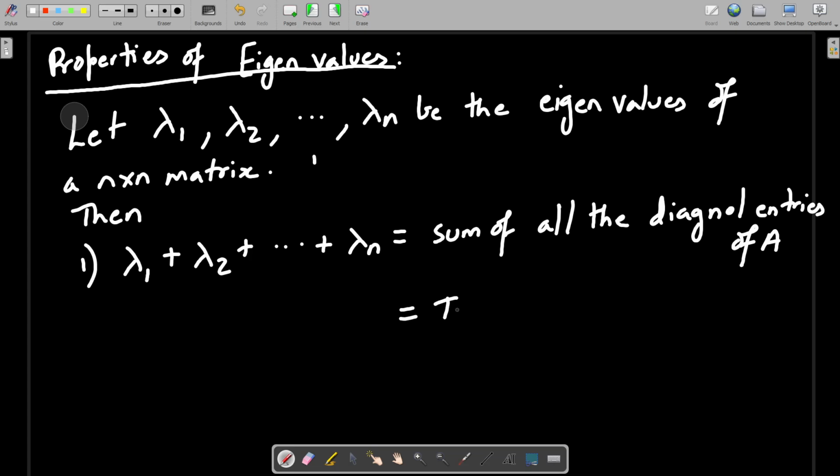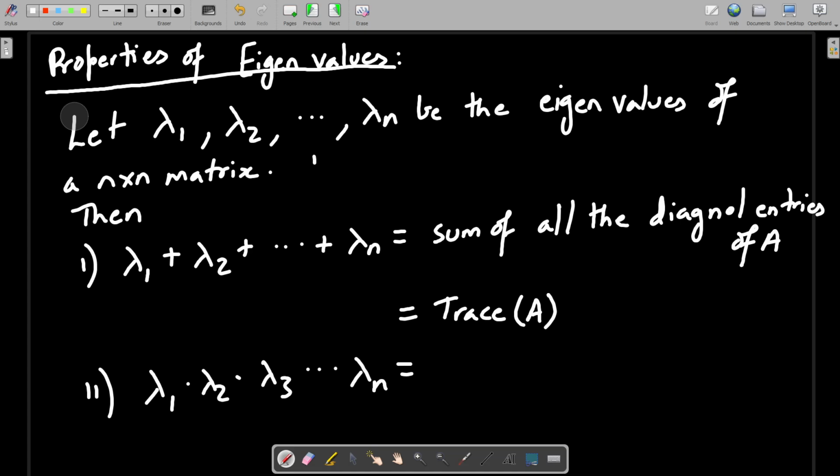This is actually called the trace of A. It has a name. So the trace of a matrix is the sum of the diagonal entries of the matrix. And the second thing is the product: lambda 1 into lambda 2 into lambda 3 into lambda n. This is equal to the determinant of the matrix.